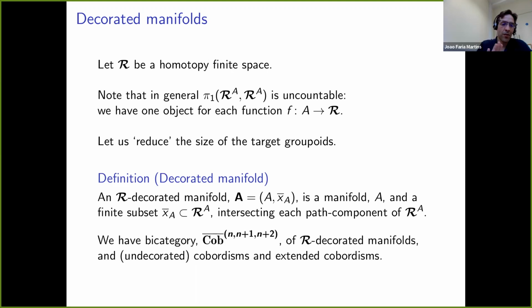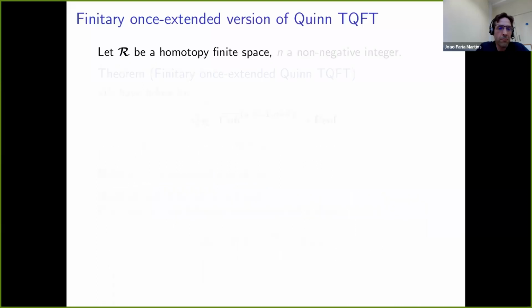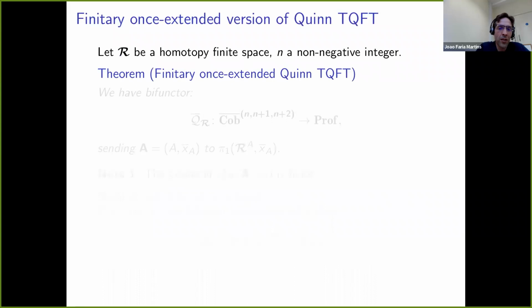And then you have this tweaking of the bicategory of manifolds, cobordisms and extended cobordisms, where instead of picking manifolds, I pick decorated manifolds. So I pick a choice of base points for the function space for each R finite. Right, and from the previous results, if R is a multi-finite space and n is a non-negative integer, we have this finite version of the once extended Quinn TQFT.